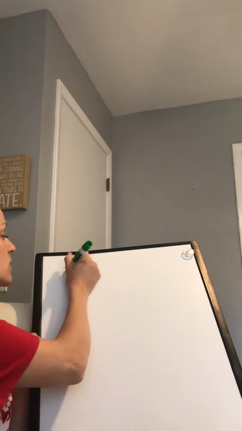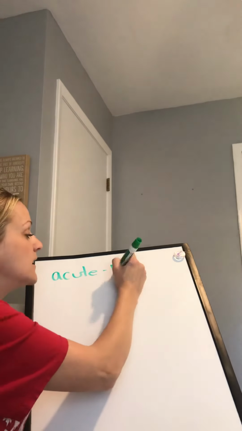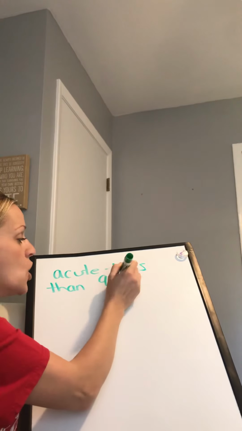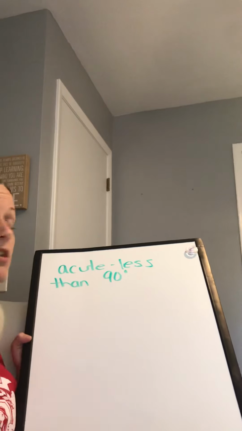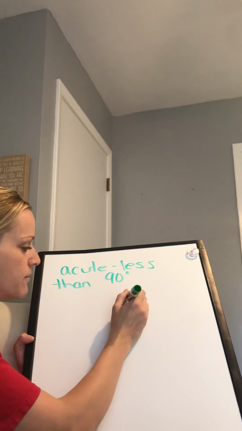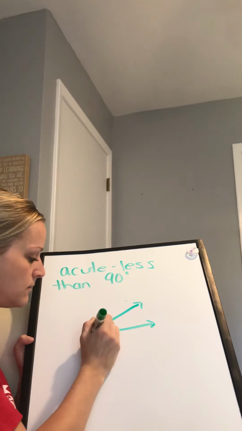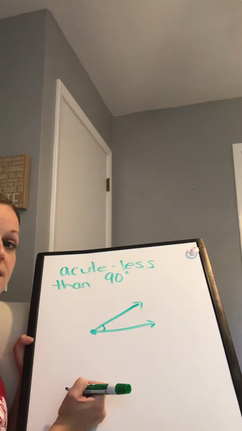The first one I want to talk to you about is an acute angle. An acute angle is less than 90 degrees. So anything that measures less than 90 is called an acute angle. It could look something like this. This is less than 90 degrees.